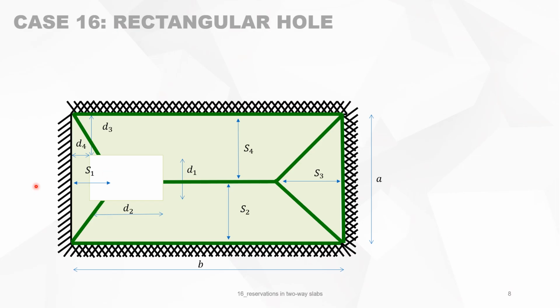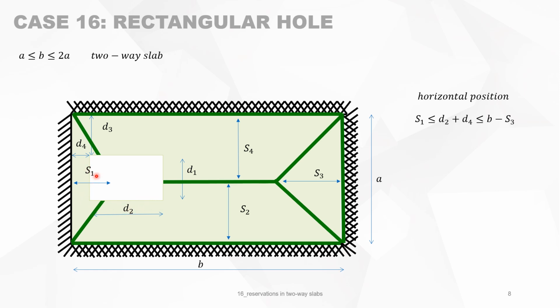Now for case 16, let's go deeper into it. First of all, it is a two-way slab. It means that B must be between A and 2A. The horizontal position of this type of reservation is D2 plus D4.